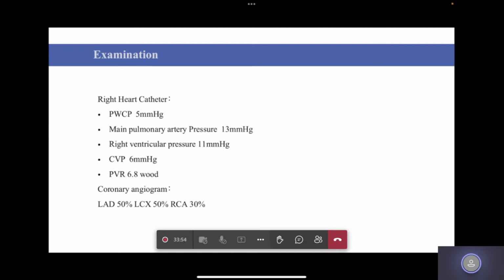And we also did a coronary angiogram, which shows the obstruction of the coronary artery is mild to moderate.